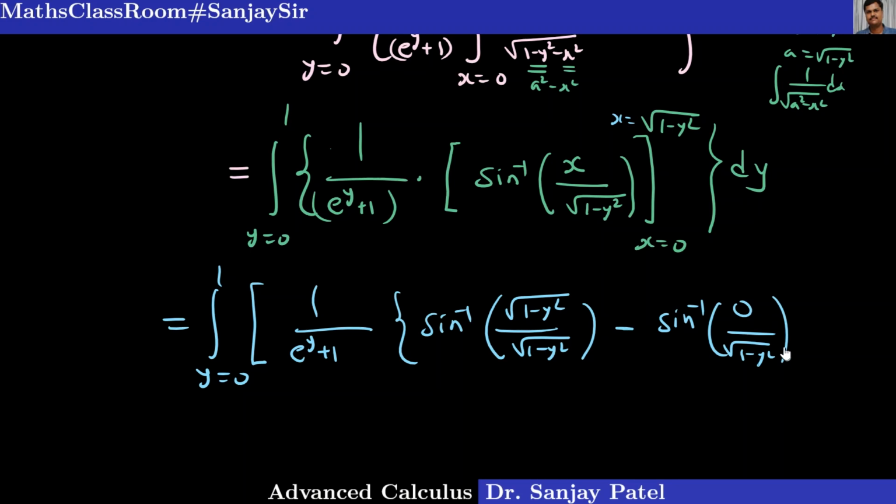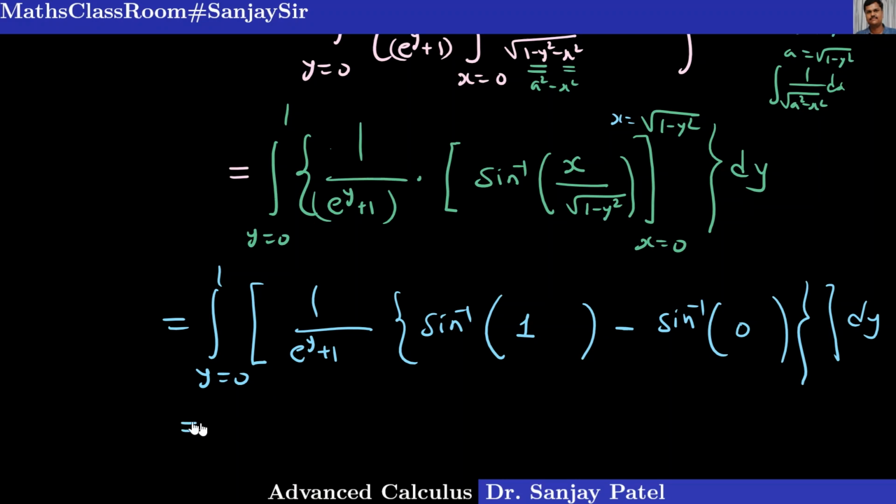Okay, so what I should write here actually is not like this. I must write directly sine inverse of 1, because this becomes 1 and this becomes sine inverse 0. If you don't understand, you can write both the steps, into dy.